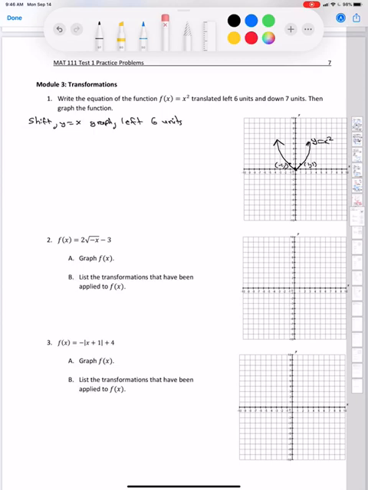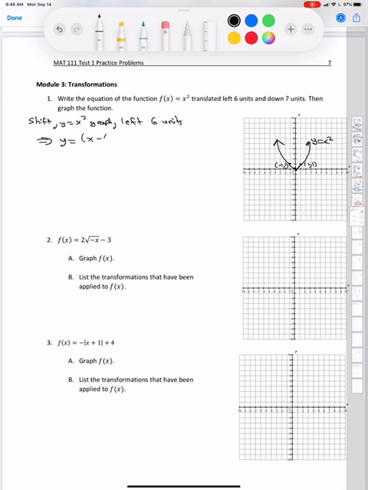A horizontal shift comes into play when we add or subtract a constant to our domain variable x. So what that would do to our equation, y equals x squared, our parent model, we have to go inside here with x, and to go left, we would have to add a 6 or subtract.